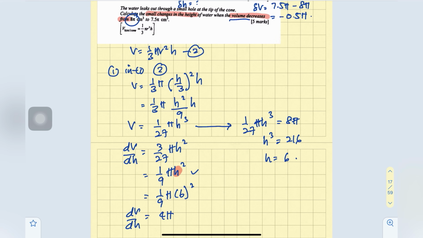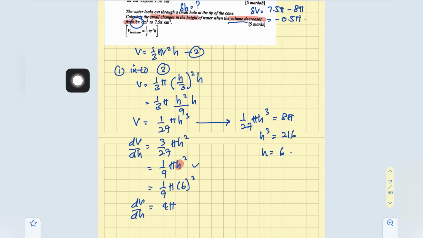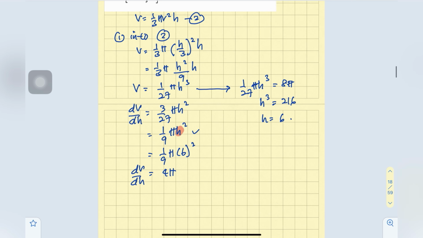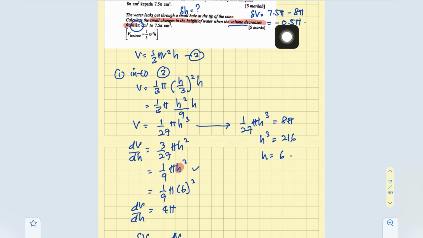Okay, so now so just now kita dah identify kan, this one is small changes, so delta. So kita carilah guna approximate change. Okay, so kita ada delta V, delta H, approximate to dV dH. Okay, so delta V tadi kita dah tahu, this one. So dV dH pun kita dah tahu, this one.